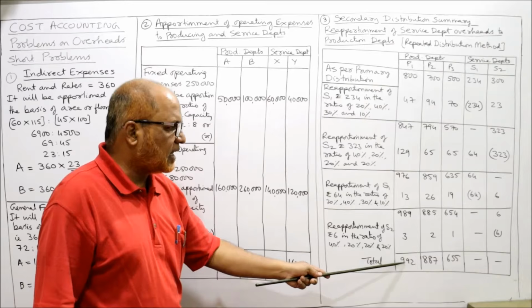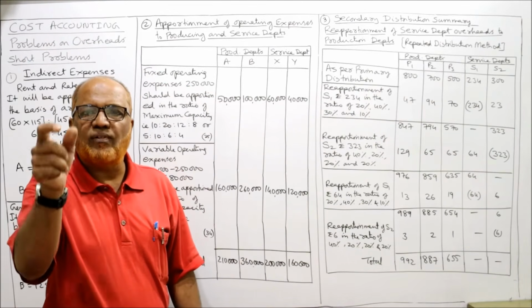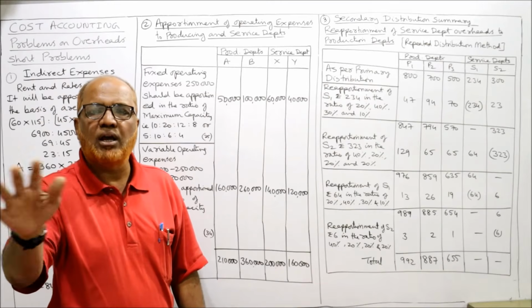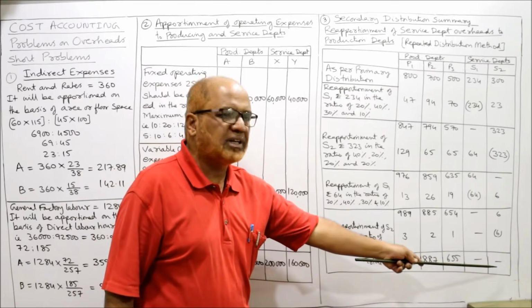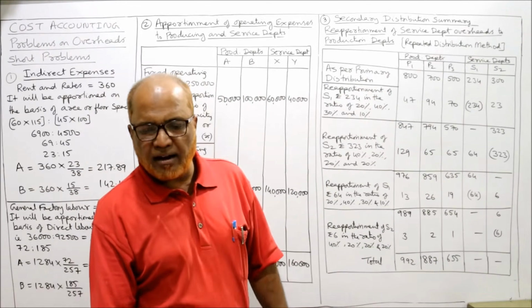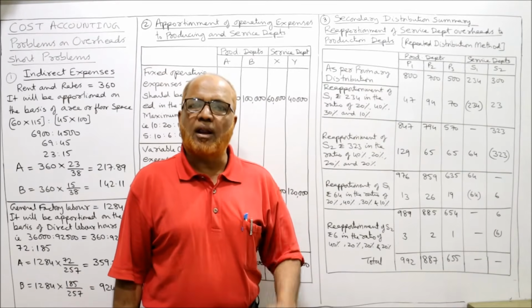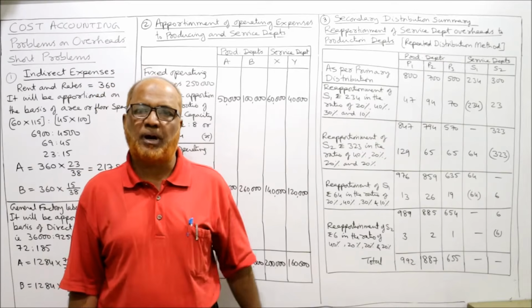The total is 992, 887, 655. That means all the overheads of S1 and S2 are reapportioned to P1, P2 and P3. Nothing is left in S1 and S2. This is called secondary distribution, or reapportionment of service department overheads back to production departments.